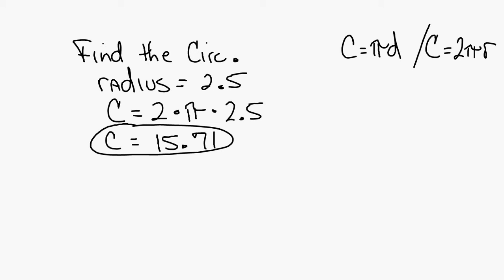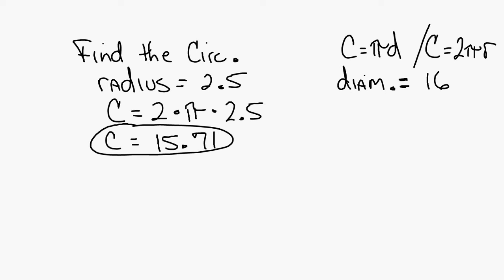Alright? In the second example problem, it says find the circumference, and they tell you that the diameter is equal to 16. So if you're given the diameter of the circle, well then use the formula that's got the diameter in it.